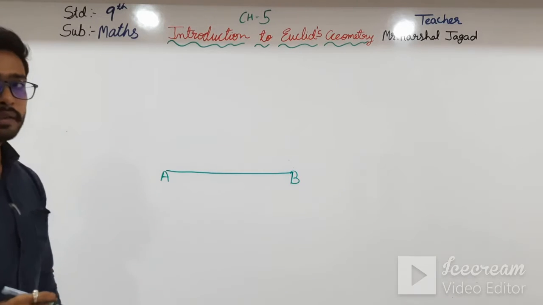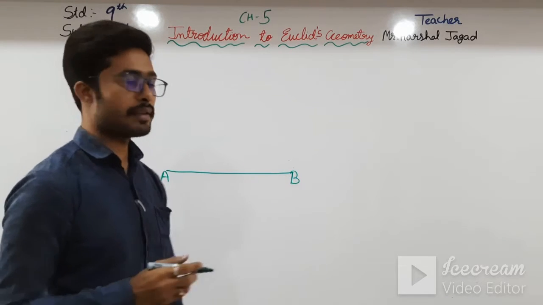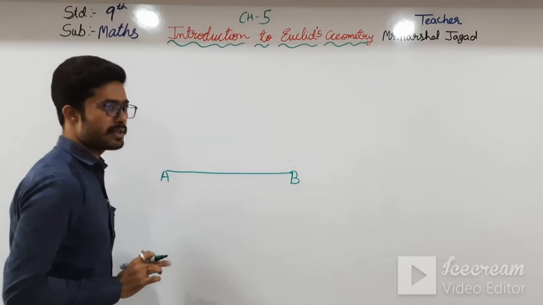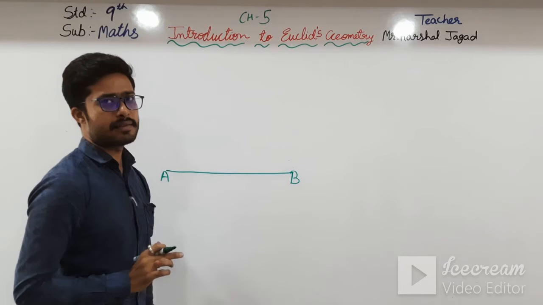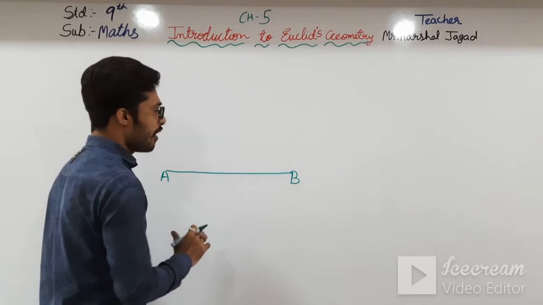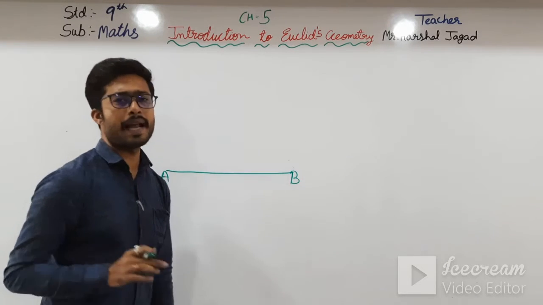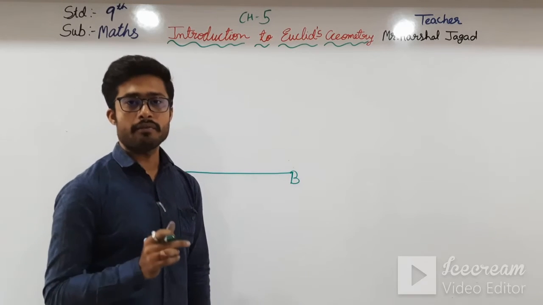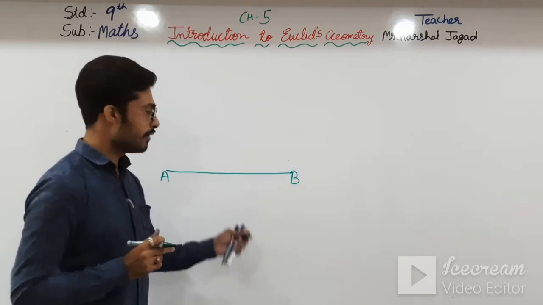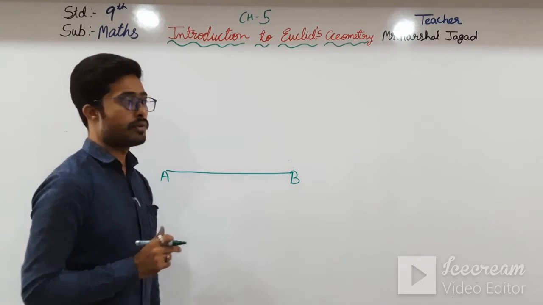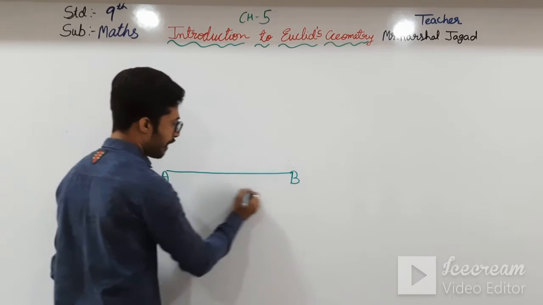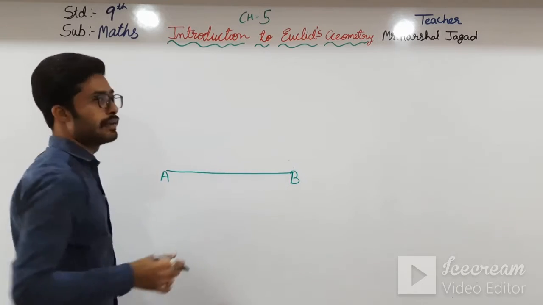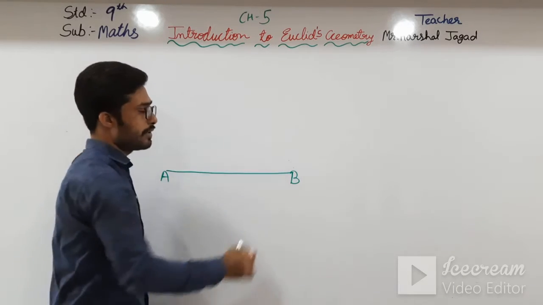Okay students, this is a line, and they are trying to say you have to draw an equilateral triangle on this line. So how will you draw this equilateral triangle? First of all, you will measure how many centimeters there are. Then you will draw the lines with this centimeter and this centimeter.